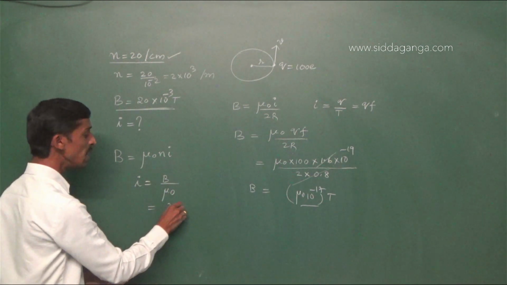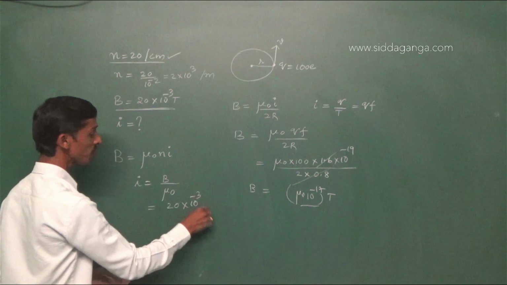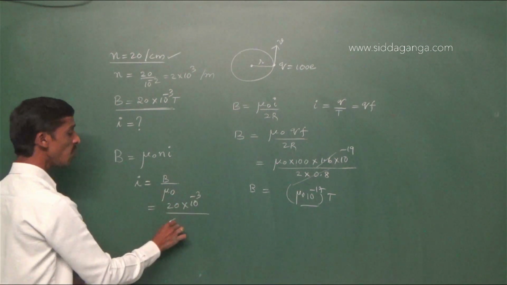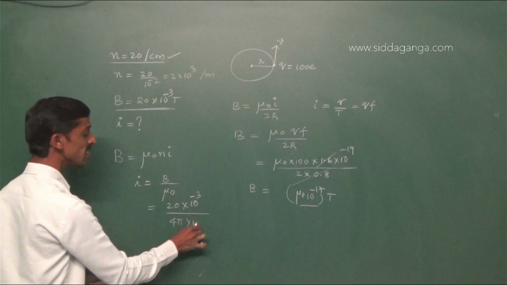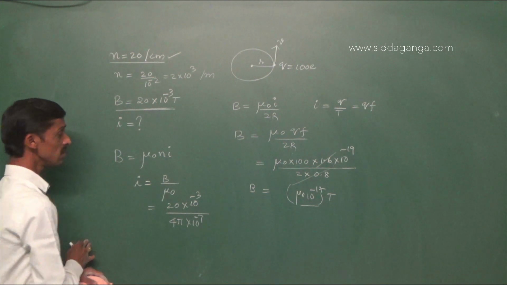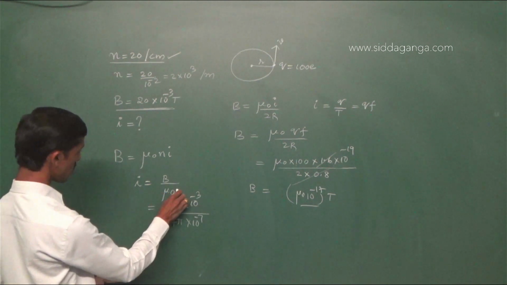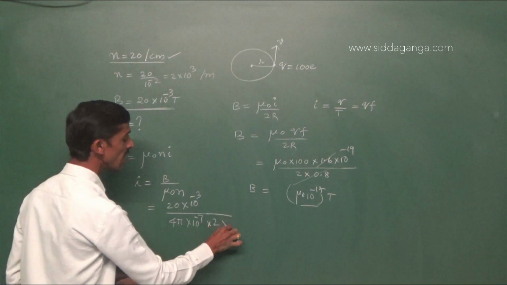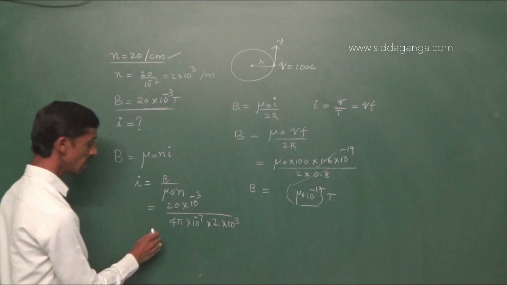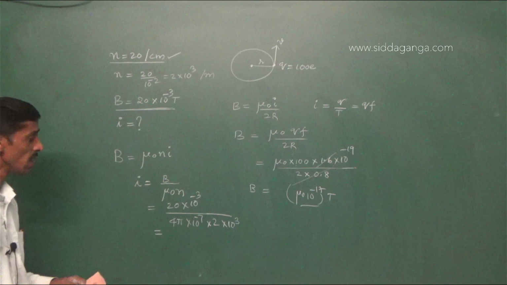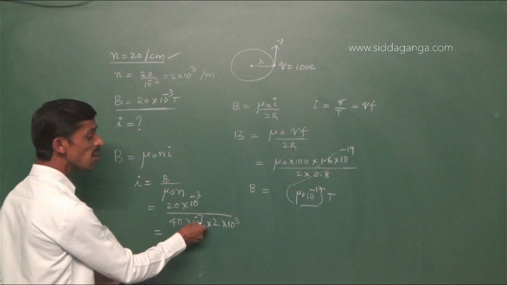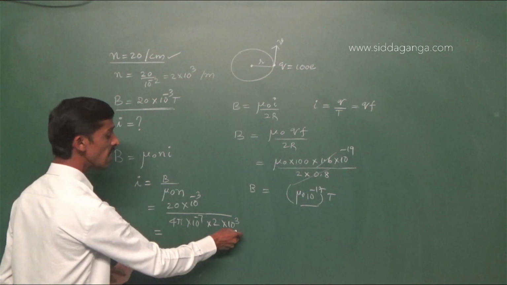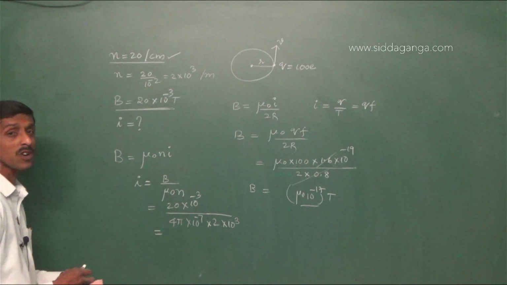B is 20 millitesla, mu naught is 4 pi into 10 to the power of minus 7, and the number of turns n is 2 into 10 to the power of 3. Simplifying, 10 to the power of minus 3 into 10 to the power of 3.